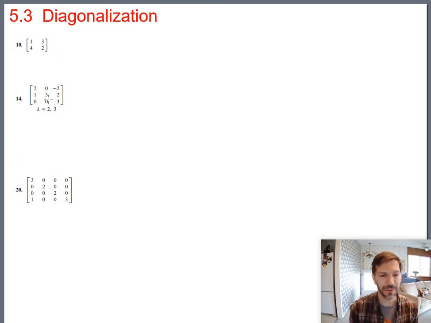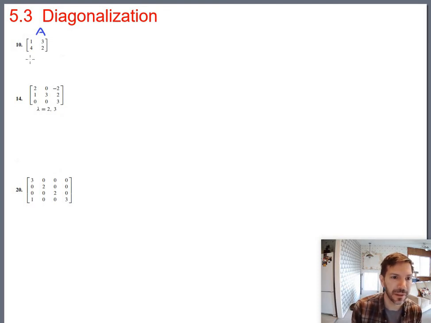For some of them, like 14, they actually give you the eigenvalues, which is nice. Some of them, like 10 and 20, they don't. But let's just start with number 10. Here they haven't given you the eigenvalues, eigenvectors, anything. We know that's what we need to find. So if this is A, we need to start by finding eigenvalues and eigenvectors.